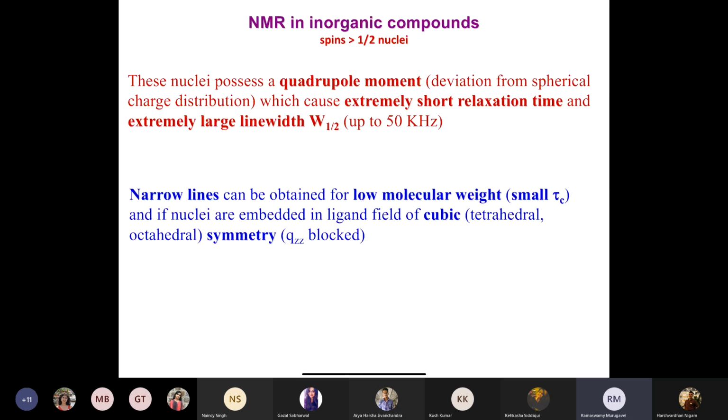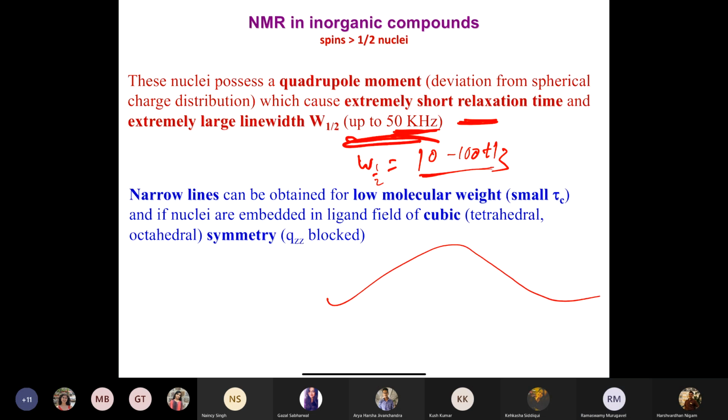As a result, the relaxation times become very short, and then instead of 0 to 10 hertz, a few hertz, the line width W off for I is equal to half. For I greater than half, it can go up to 50 kilohertz. That means the spectrum will be more like a road hump.